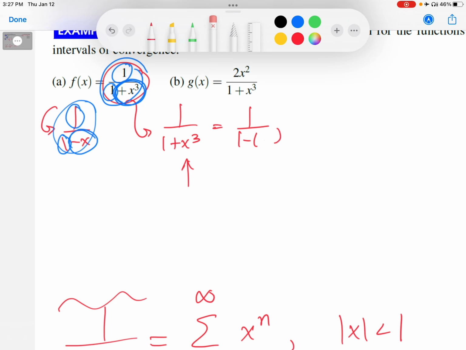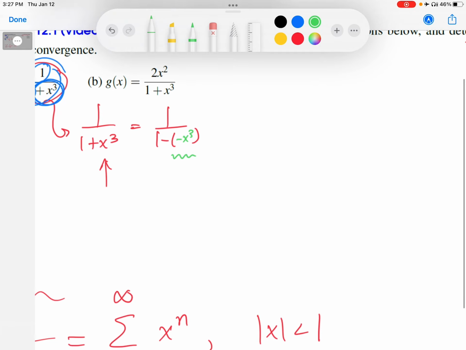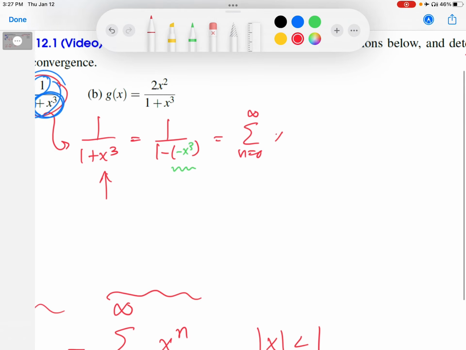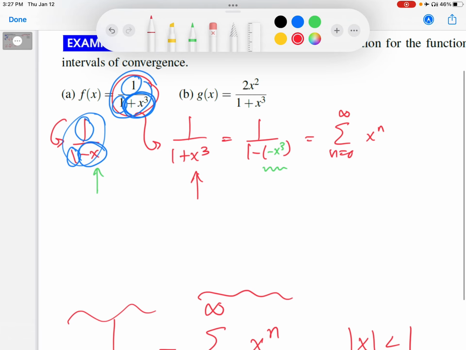And you can see where I'm heading with this, because I'm now going to consider all of this as the new quote-unquote x. So I'm going to write out the power series for 1 over 1 minus x, right? Here it is down here. It's x to the n. But that x, this one right here, is the one that's over here.